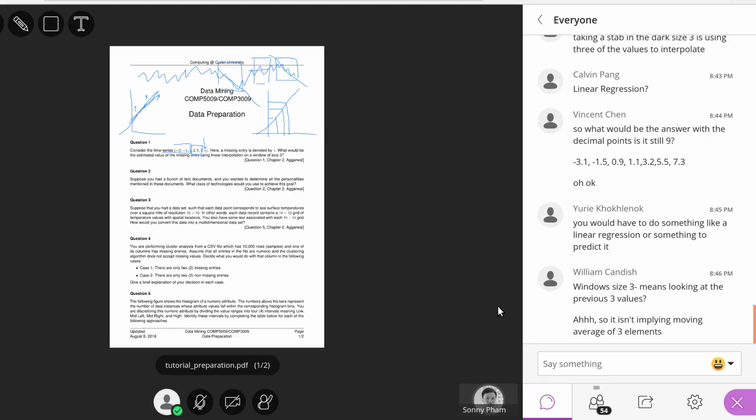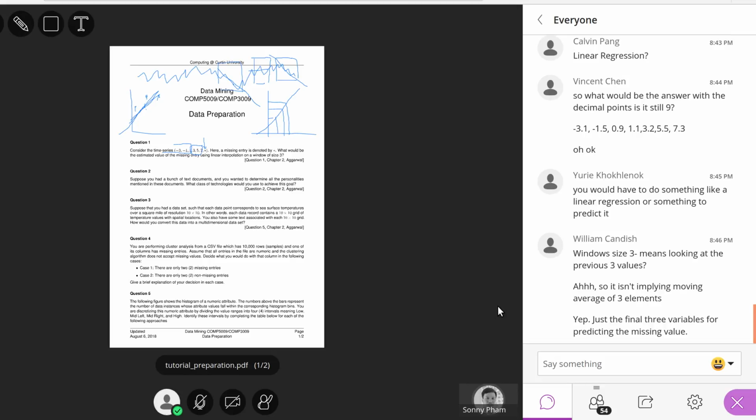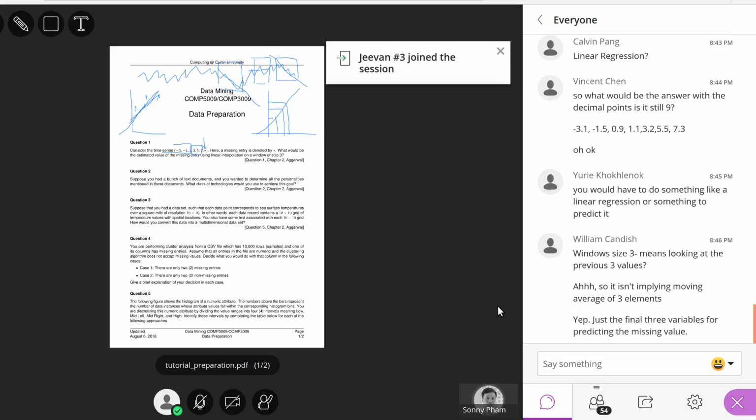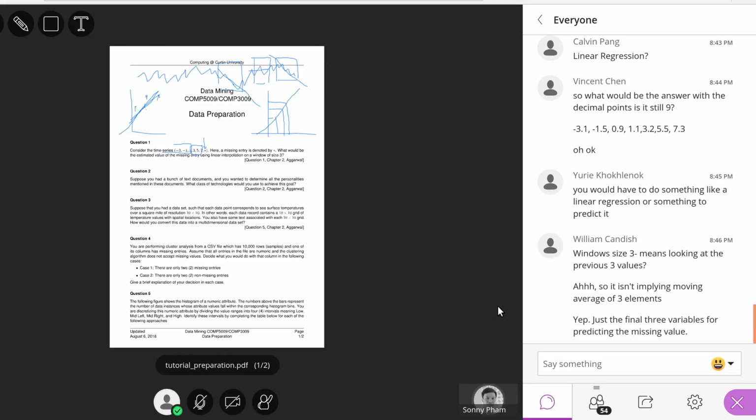But the rule should be found from the last three elements. Exactly, yeah. So it just means we focus only on the local area that is closest to the missing entry.